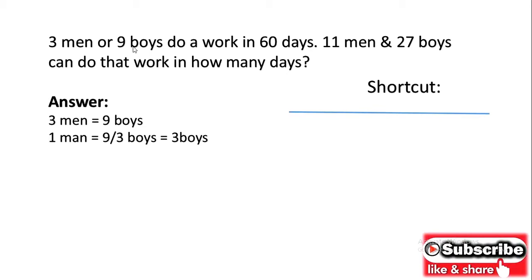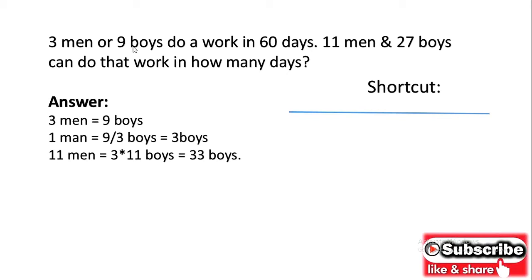Now find out that 11 men is equal to how many boys. Why are we going to find out 11 men is equal to how many boys? Because we're converting men into boys. You can do the vice versa. You can convert boys into men, but in this math I'm just converting men into boys.